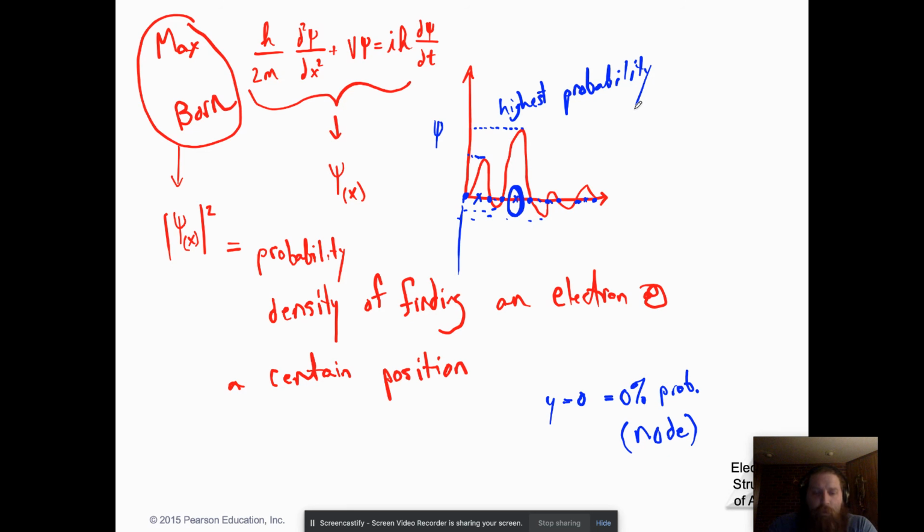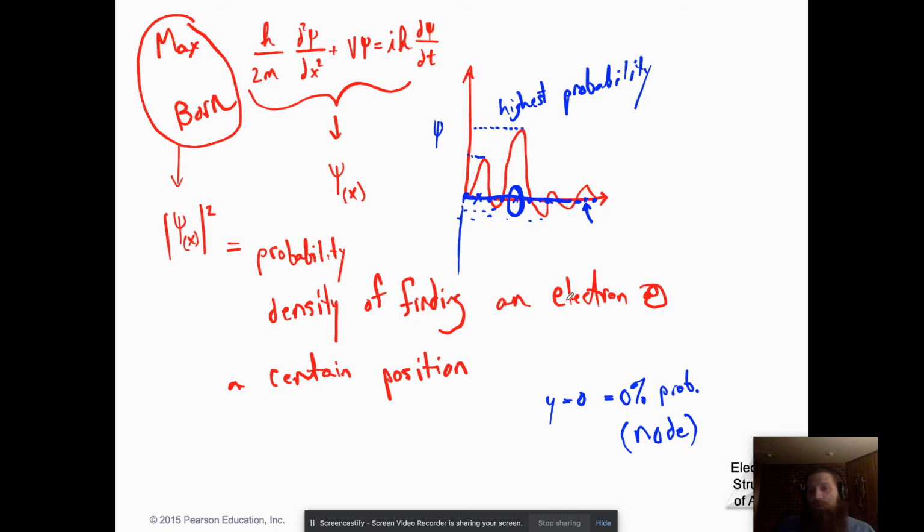It's not deterministic. It's only determined when you make a measurement. When you make a measurement, let's say I find the electron, there it is, boom. Well, now everything else goes to 0. It can't be in two places at once. So it's only deterministic when you measure it. Otherwise, it's just probabilistic in nature.